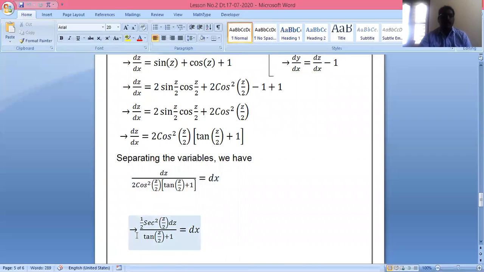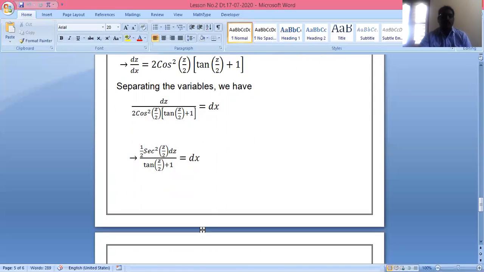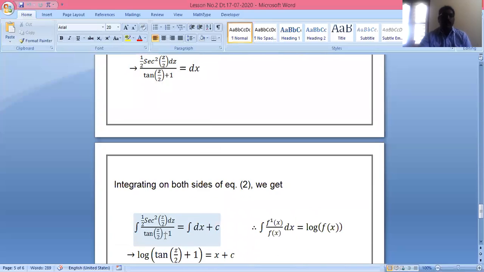This can be written as (1/2)sec²(z/2) dz/(tan(z/2) + 1) = dx. Integrating on both sides, we get ∫(1/2)sec²(z/2) dz/(tan(z/2) + 1) = ∫dx + c.